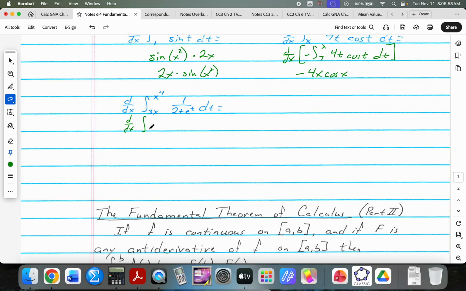of the integral from 3x to, it does not matter, pick a constant, any constant.